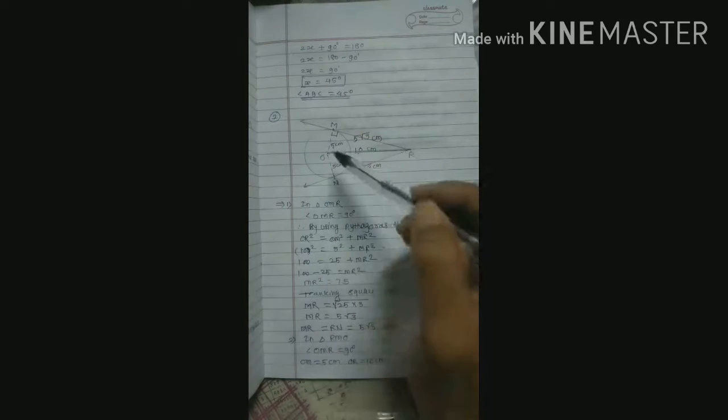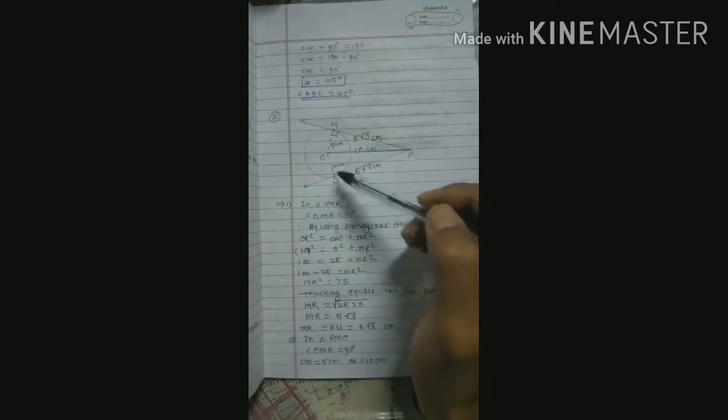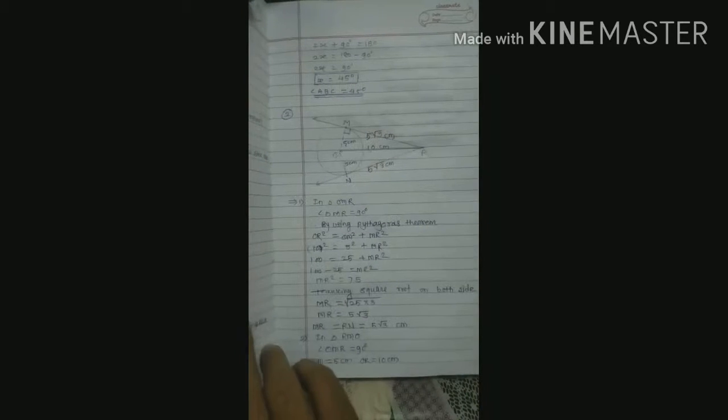Then I will first draw the segments OM and ON, and put the values 5, 5 and 10. So in the first question, find out the value of MR and NR.